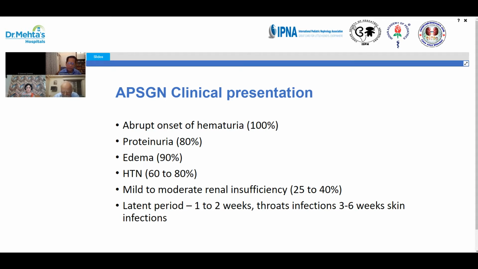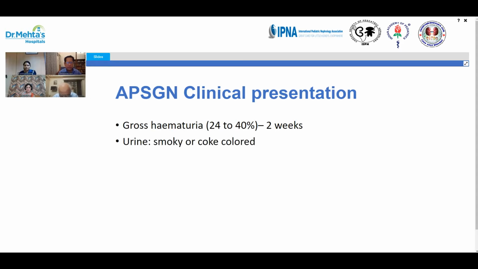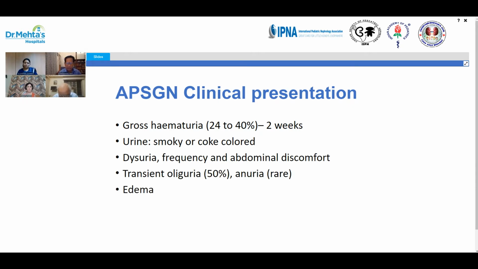But when there is a skin infection or pyoderma, it occurs within 3 to 6 weeks of infection. The gross hematuria resolves within 2 weeks, the smoky urine also gradually disappears, oliguria should improve within a week, and the edema subsides.